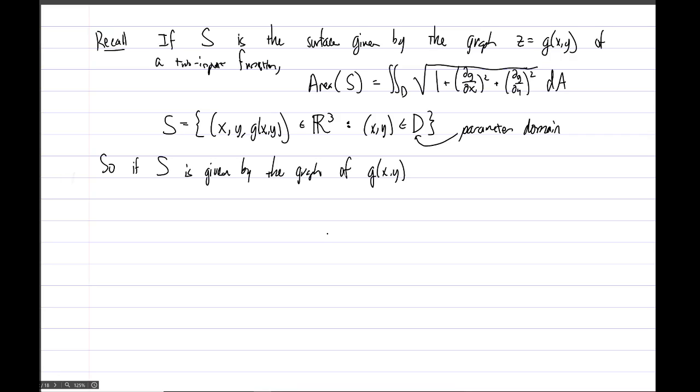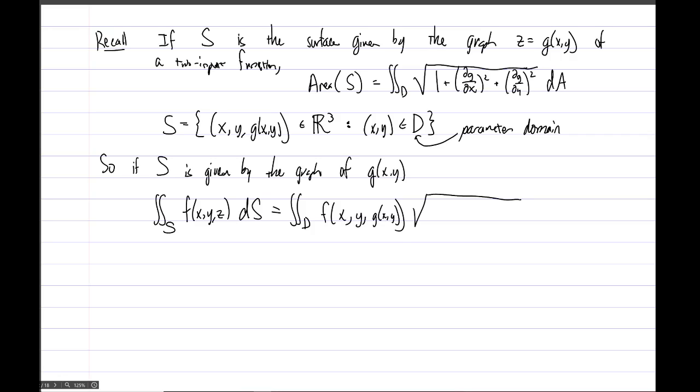I hope this won't be too surprising: the double integral over a surface like this of f of x comma y comma z dS will be the double integral over D of f of x comma y comma g of x comma y times root 1 plus partial derivative of g with respect to x squared plus partial derivative of g with respect to y squared dA.